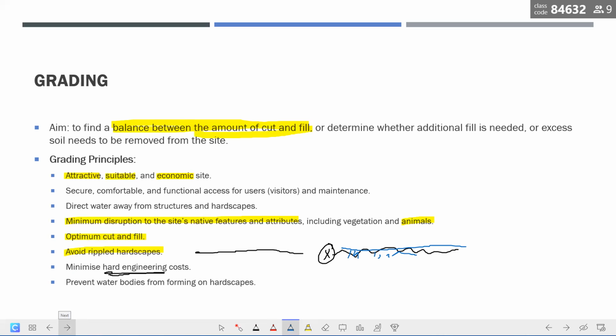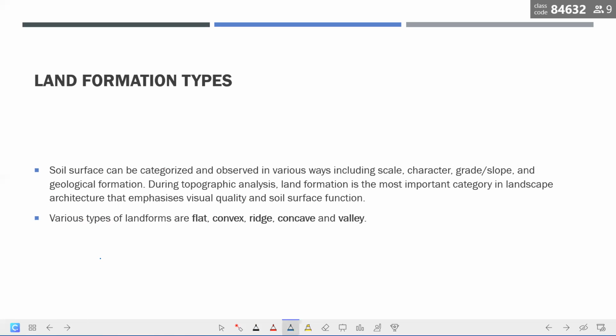So moving on to the different land formation types. You can observe and categorize land formation in various ways according to scale, character, its grade, its slope, and of course its geological formation. During a topographic analysis, land formation is actually the most important category in landscape architecture, because it emphasizes visual quality and soil surface function.